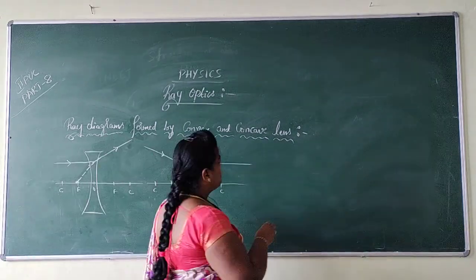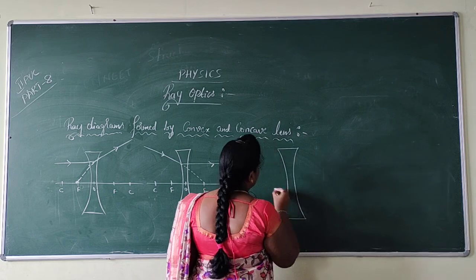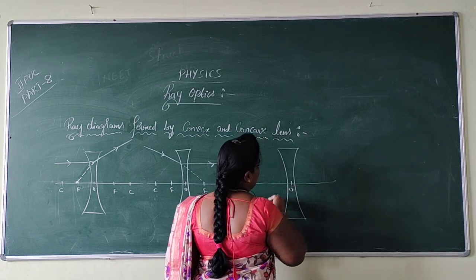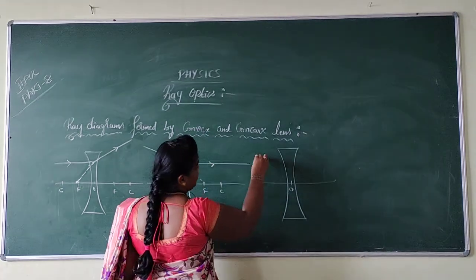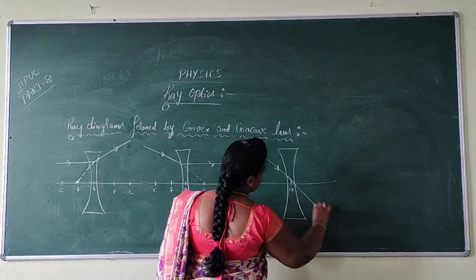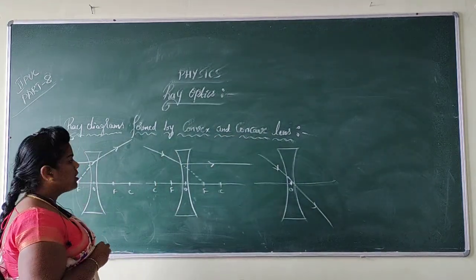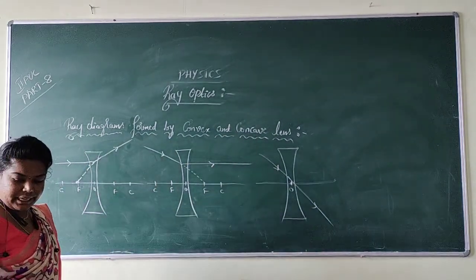Now I am using the third case, which is again similar to that of a convex lens. Here we have the optic center. If the ray of light is incident at the optic center, it passes out without refraction. So I just showed you the three ray diagrams.